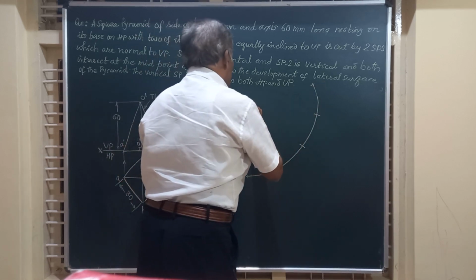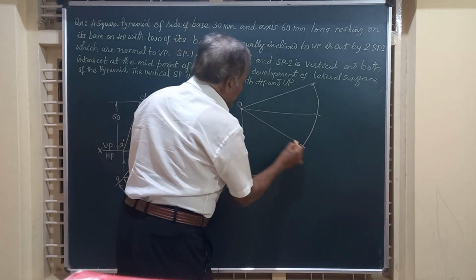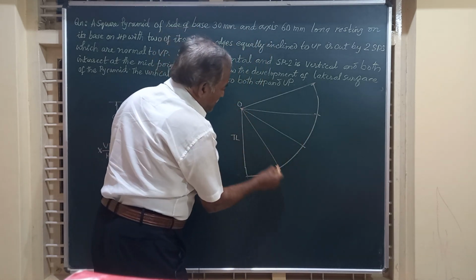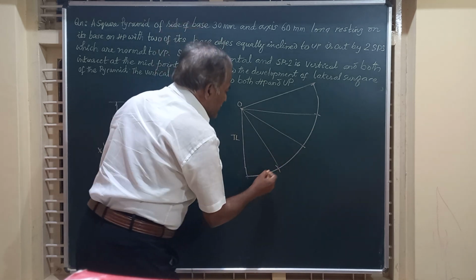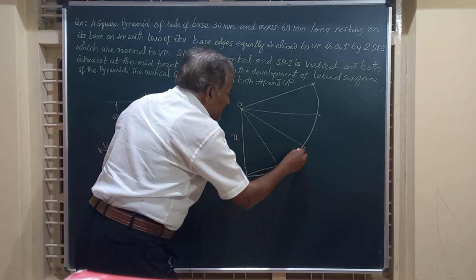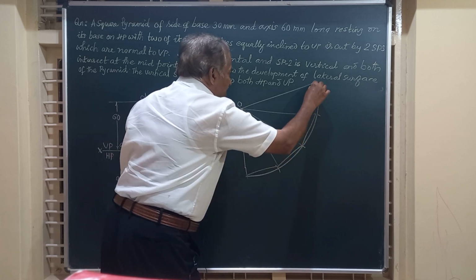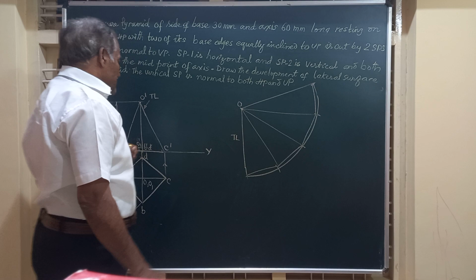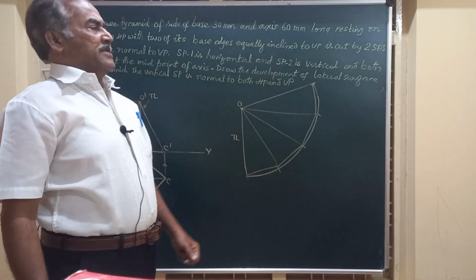Friends, I am going to join this to all these slant edges by thin lines to start with. So I will just mark them later on. So let me join all these by straight lines because the base edges are straight for the pyramid. Now friends, let us mark the section plane.